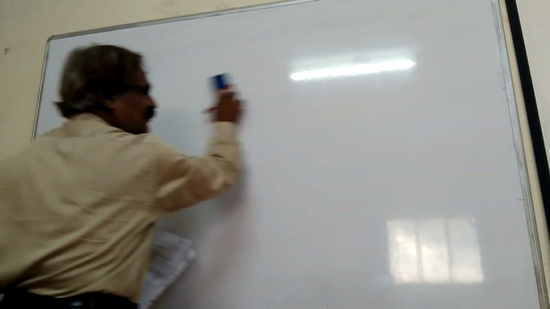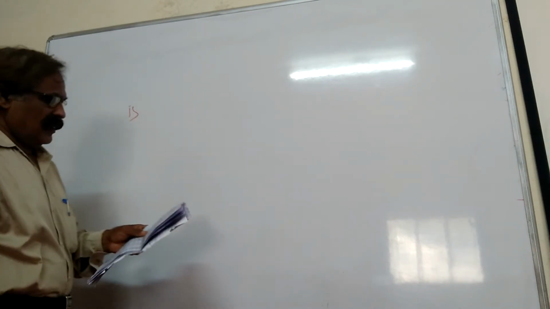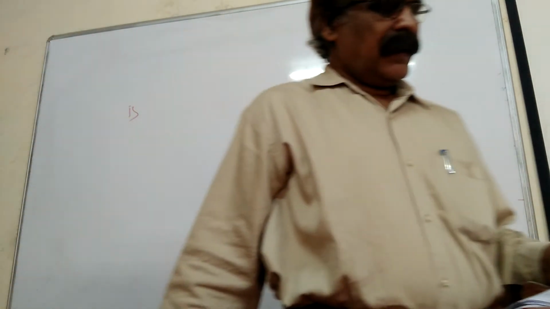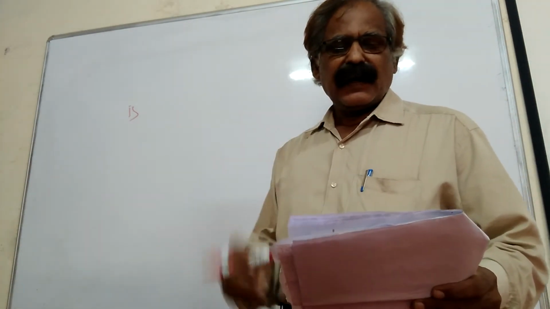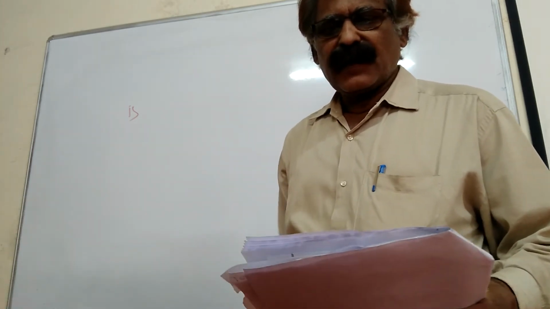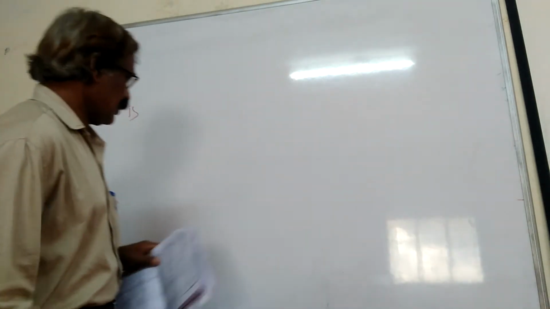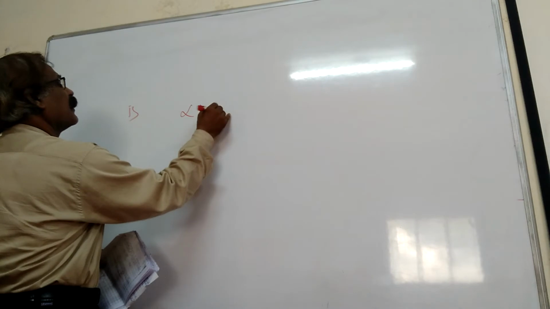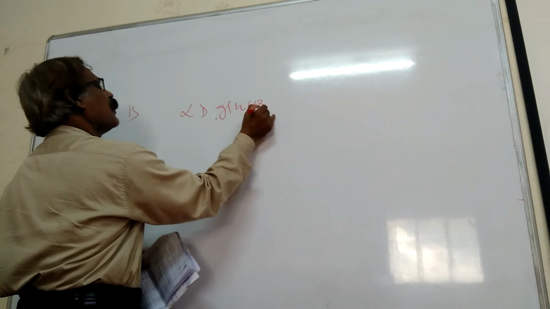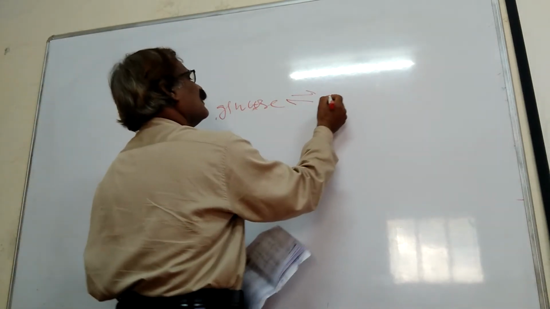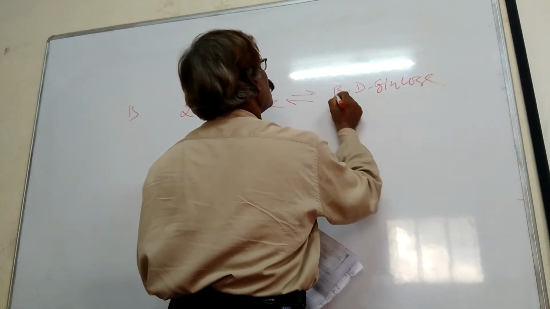The important examples of reversible reactions are: number one, the mutarotation of alpha D-glucose into beta D-glucose is an interesting example of reversible reaction. Alpha D-glucose, beta D-glucose.